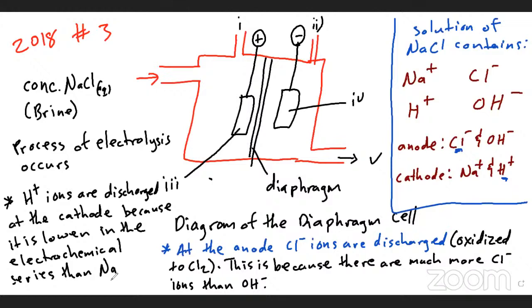So for chloride ions, it's because of the concentration. For hydrogen ion, it's because of its position in the electrochemical series.